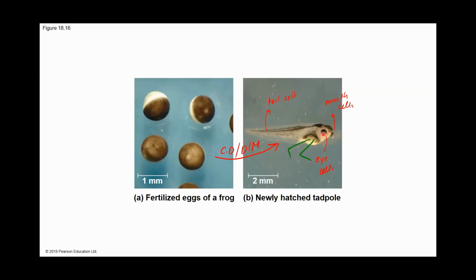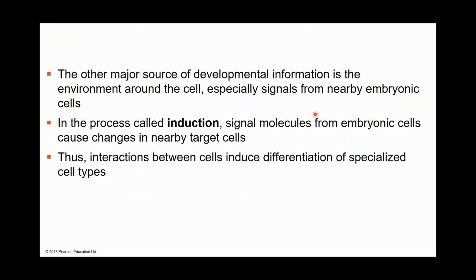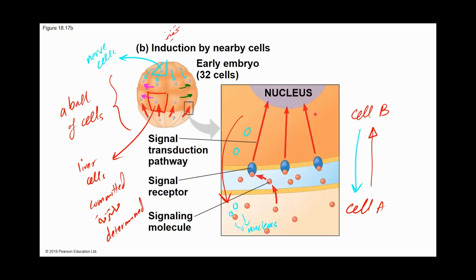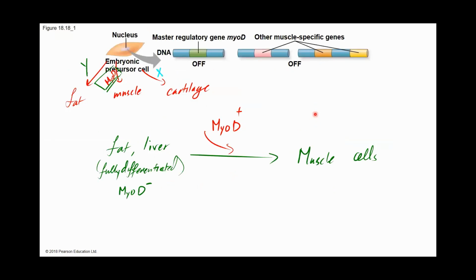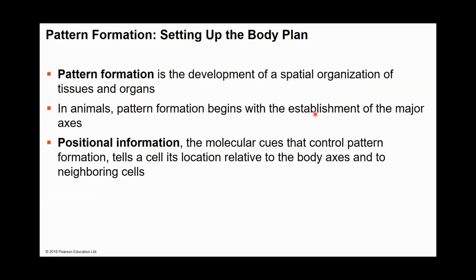So now they are specialized in function and structure, and they are located in the correct place with respect to the organism's body plan. Next we're going to learn how the organism's body plan is set up during embryogenesis.